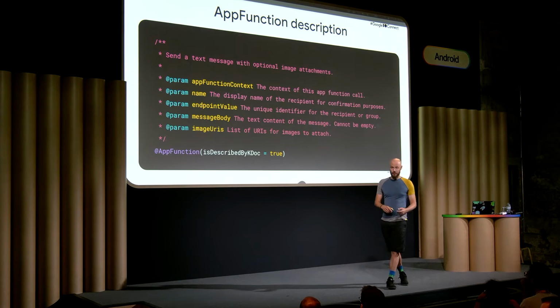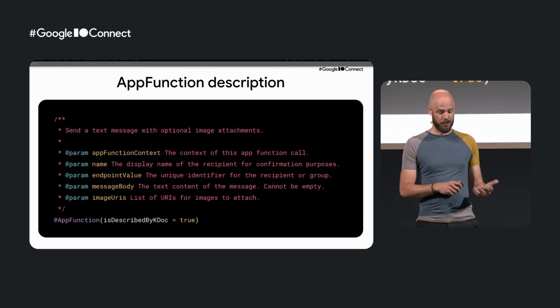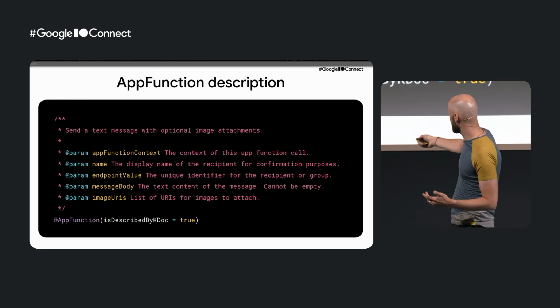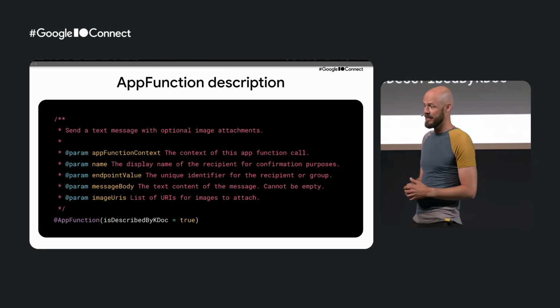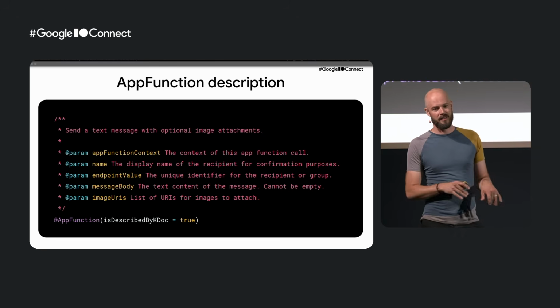And to reduce the guesswork for an agent and actually tell the agent what your AppFunction can do, you provide a description. And that is what this neat parameter here is, the isDescribed by KDoc. So in the Kotlin documentation, usually you write that for your fellow developers, and you say, this thing does something.